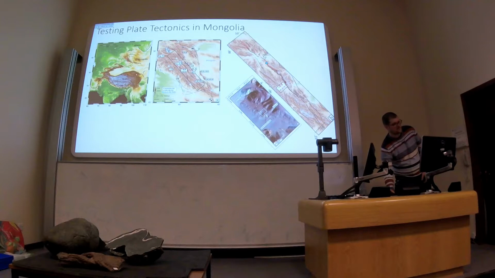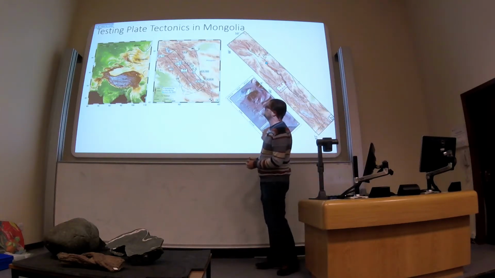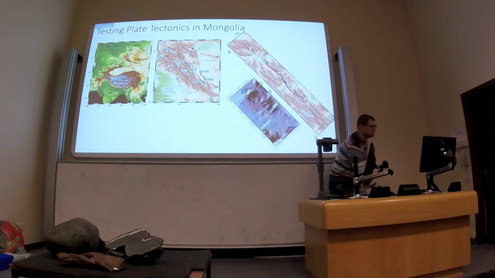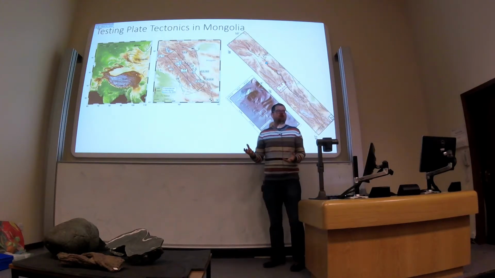And we were actually looking up here, in this mountain range up here. It's a bit odd that that mountain range exists. So this is the Gobi Altai mountain, I think, and the Tian Shan, which is these mountains down here. So why does that mountain range exist? It's nowhere near a plate boundary.